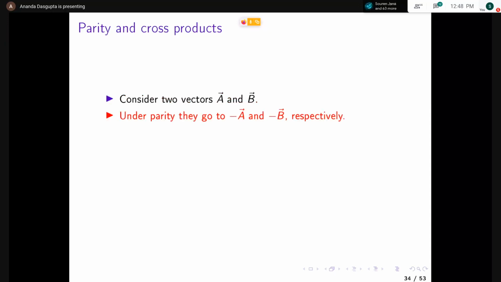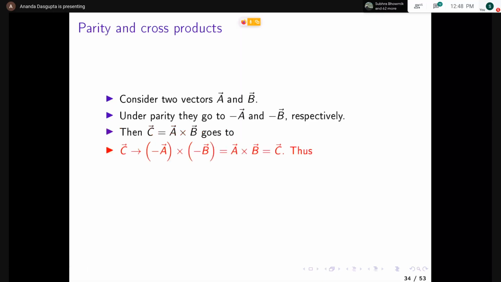Under parity, they both change sign. And by the magic of maths, two minuses make a plus, which we have learned from early childhood. C changes to minus A cross minus B, which is A cross B. It doesn't change at all. So vectors change sign under parity, pseudovectors don't. That's as simple. So under parity, vectors pick up minus signs, pseudovectors stay the same.